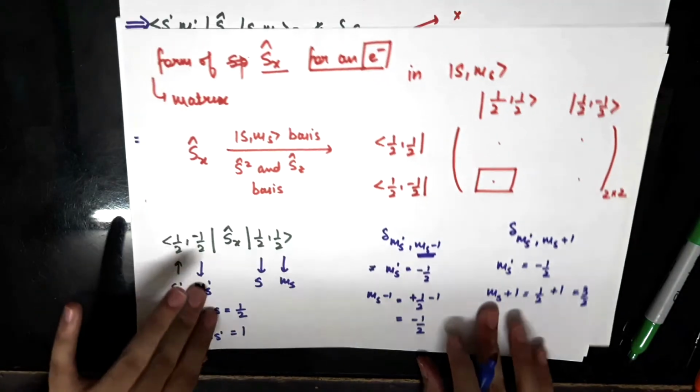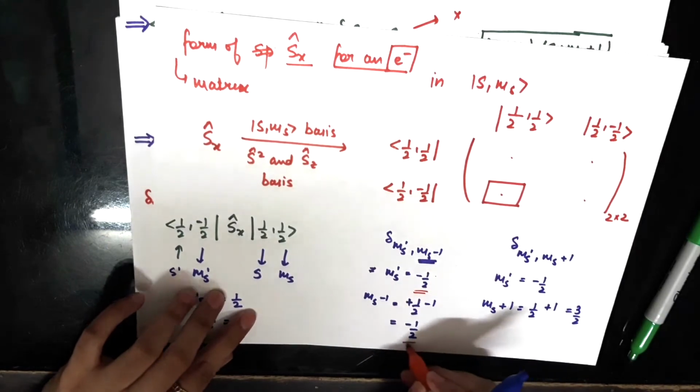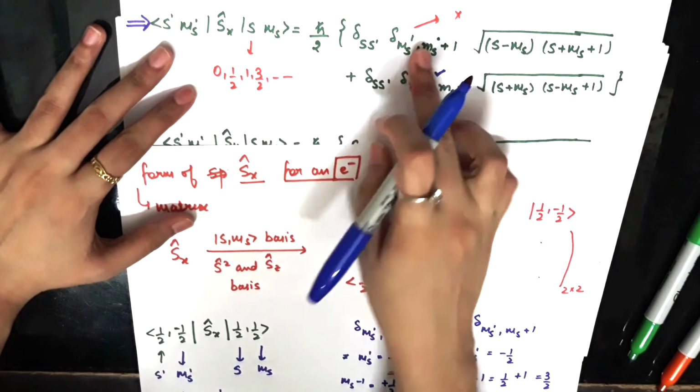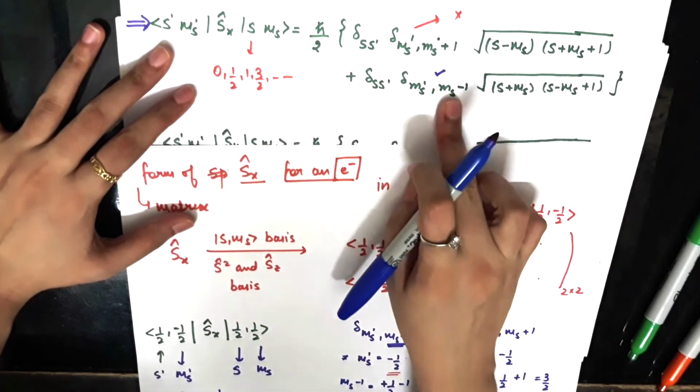These two entries are now equal, so this Kronecker delta survives, because the other Kronecker delta does not survive. That whole term is 0, so I'm just concerned with this term. This is 1, this is 1.